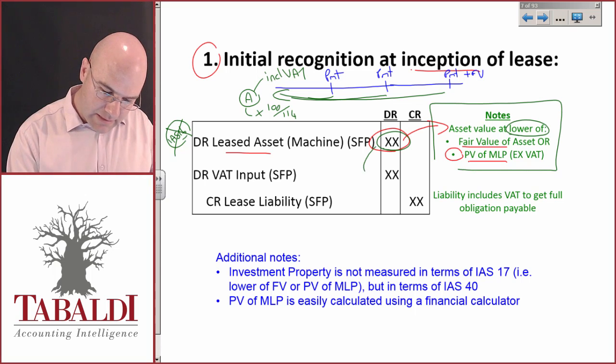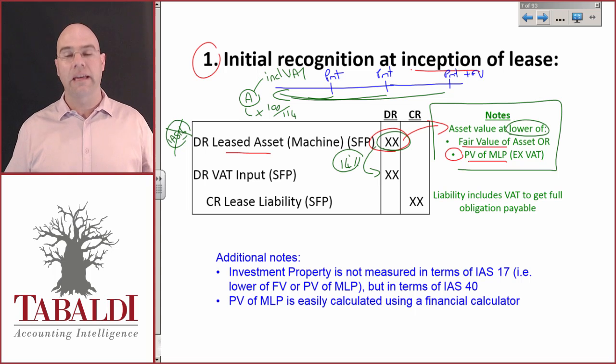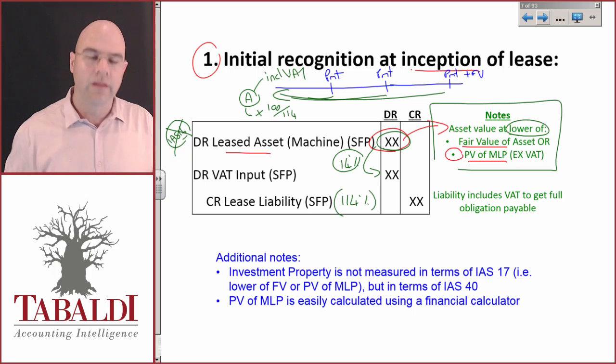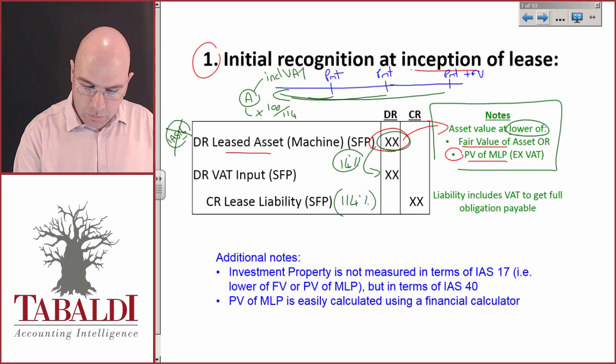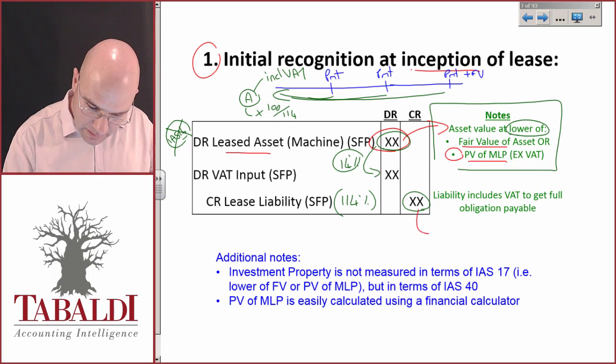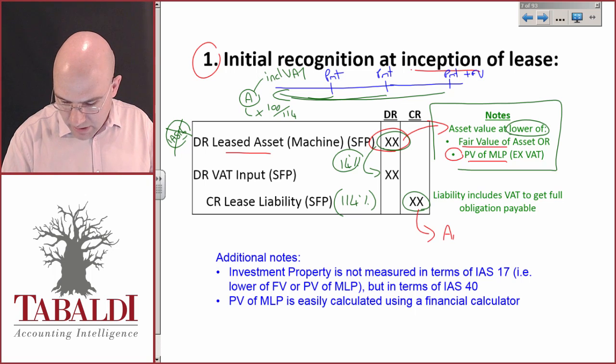Okay, then we will obviously take 14%, assuming VAT is still 14%, account for that. And then the lease liability is including the VAT. Okay, so you will credit the lease liability with the full amount, and this is the amount that will be in your amortization table, not the value of the asset, right?